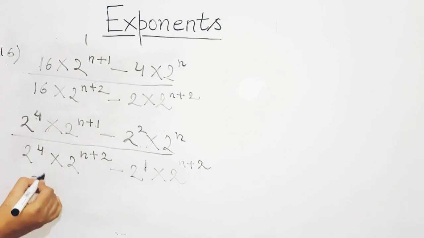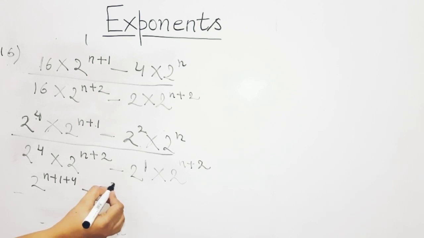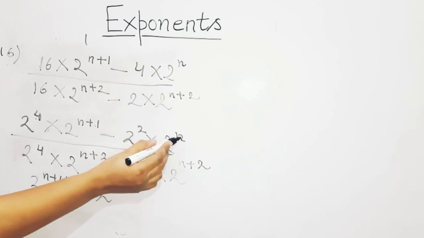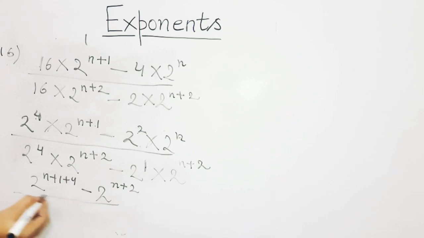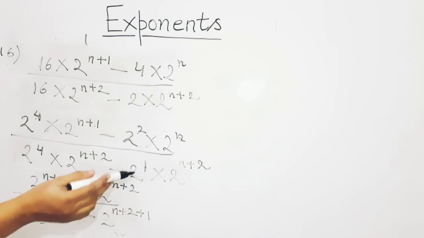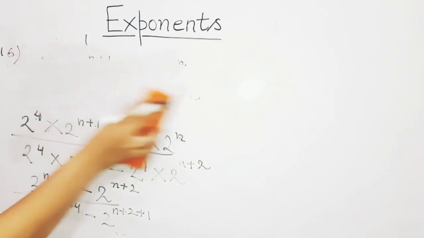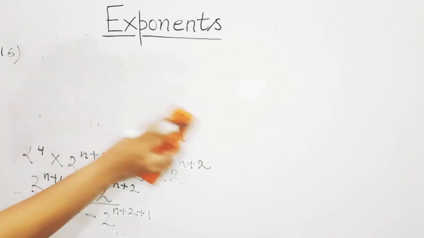So n plus 1 plus 4 minus 2 to the power n plus 2 plus 2, upon 2 to the power n plus 2 plus 4, minus 2 to the power n plus 2 plus 1. Why have I taken plus 1? Because this is 2 to the power of 1. So I have added the powers as per the laws of exponents. Now let me write the next step over here.